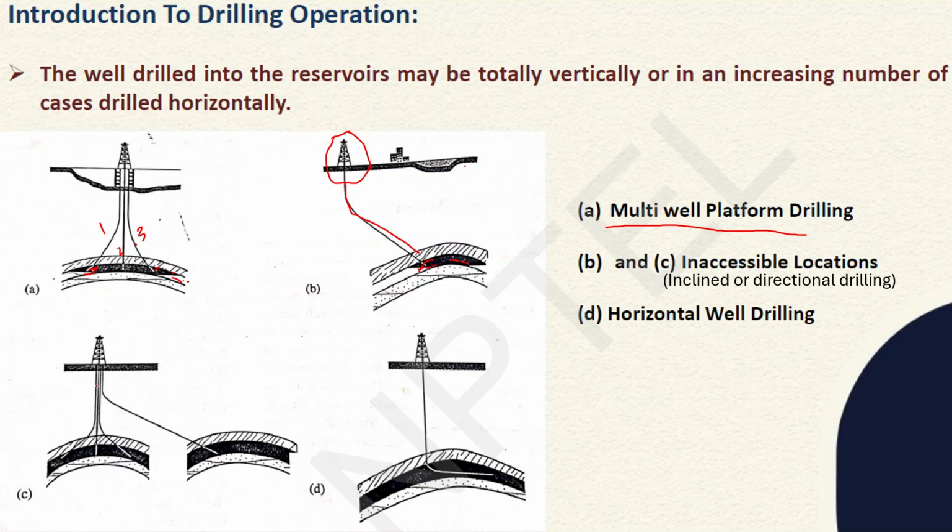They dig a directional well, 10 to 20 kilometers apart. So basically, for inaccessible locations, the drilling is called inclined or directional drilling.